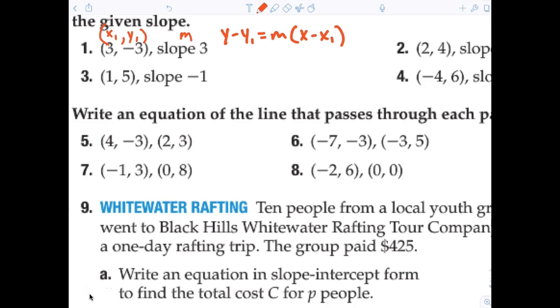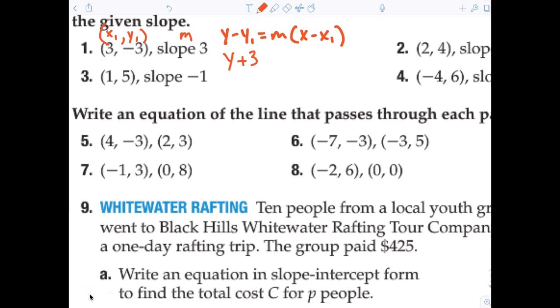So to write the equation, watch how hard this is. It's going to be y minus, what's the y value? Negative 3. Does it hurt anybody's feelings if I just put y plus 3? Because it would be y minus negative 3, and minus negative 3 is the same as a positive.